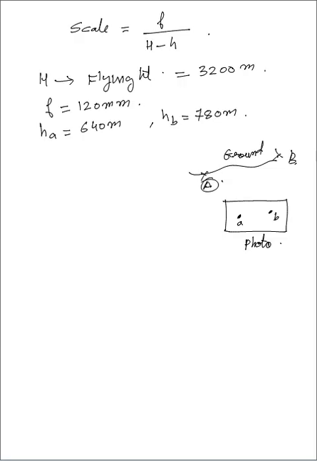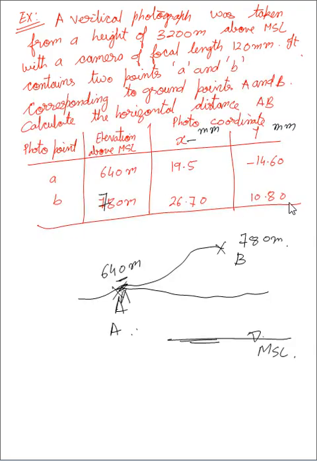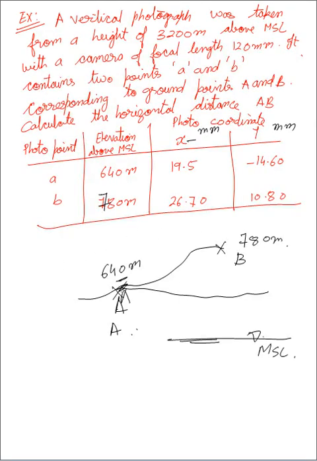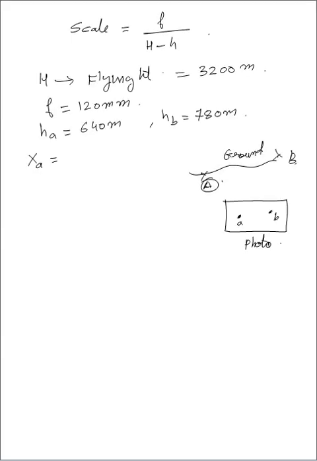Now coordinates, let's see this tabular form. I am converting this tabular form by just writing the values. XA is 19.5 mm.